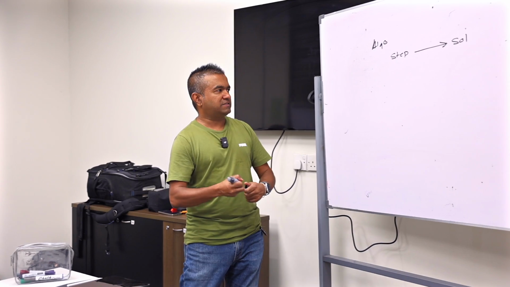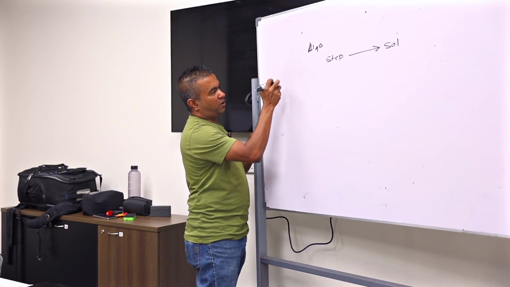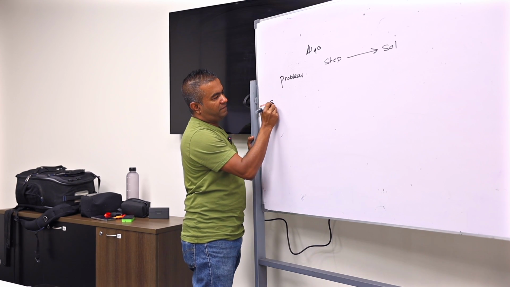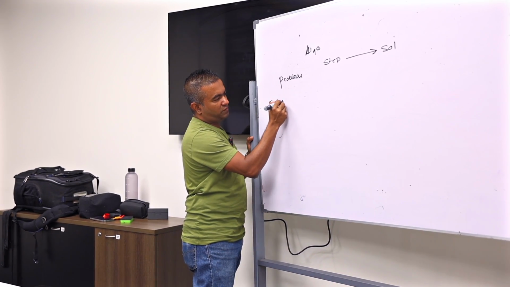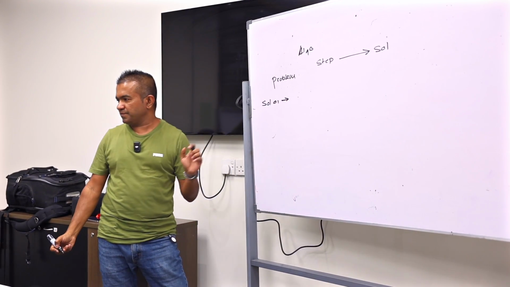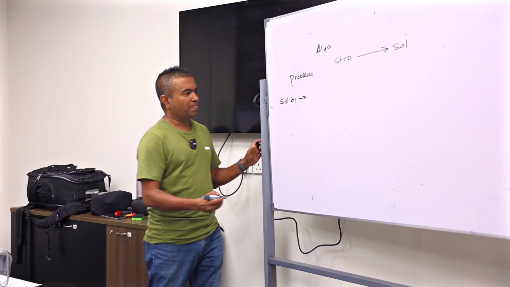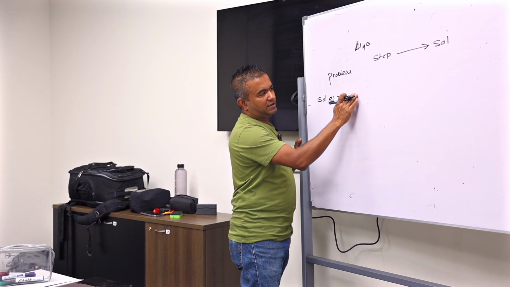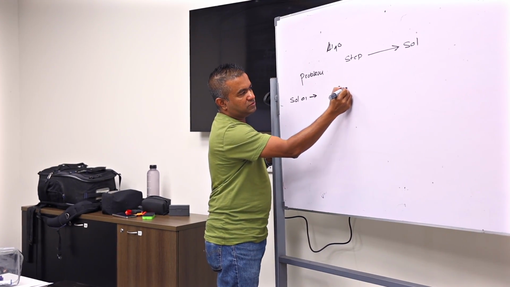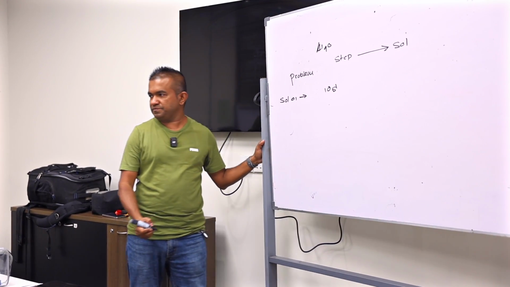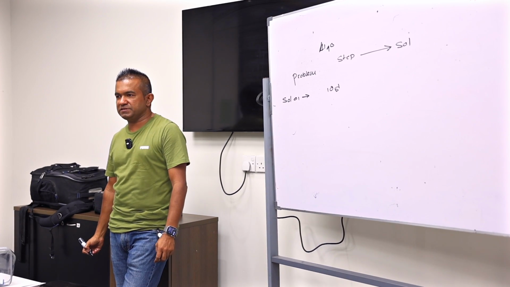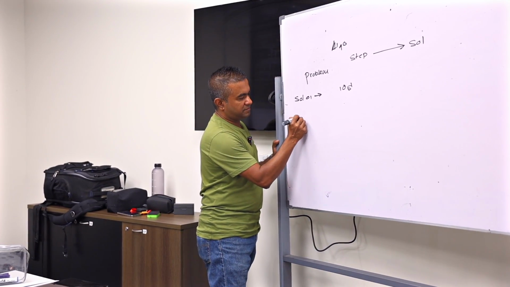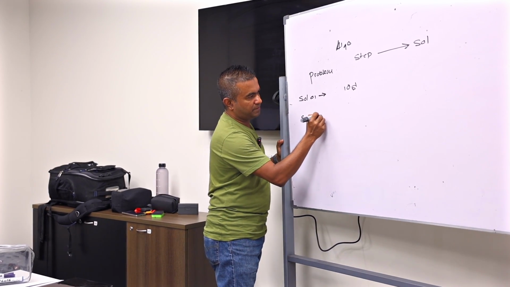Okay. For example, let us say I have a problem, and someone creates solution 1, and solution 1 takes 10 seconds to complete. Now, someone creates another solution, solution 2.